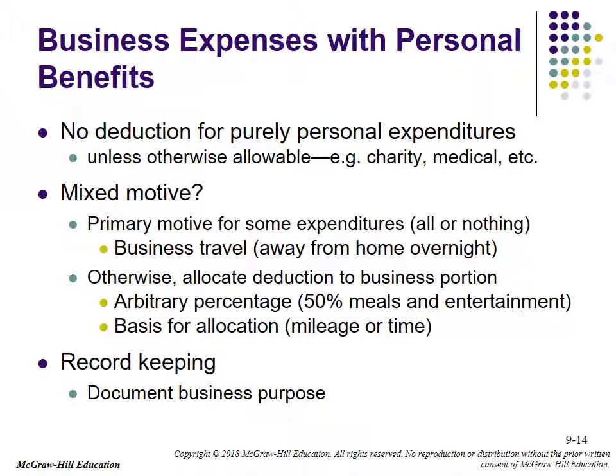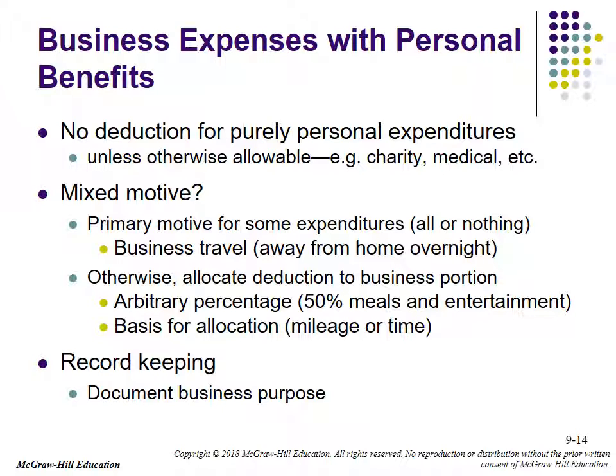Mixed motive. Primary motive for some expenditures, all or nothing. Business travel away from home overnight. What does this mean? Well, if you are going on a business trip and it's purely business, you're going away overnight, and away from home overnight means you're going away long enough that you need a rest.